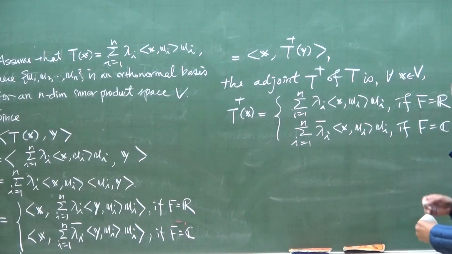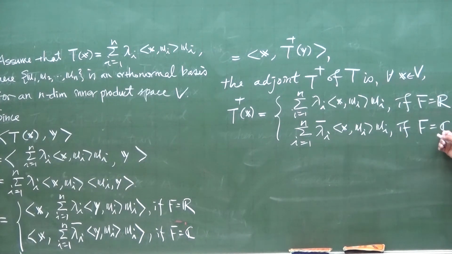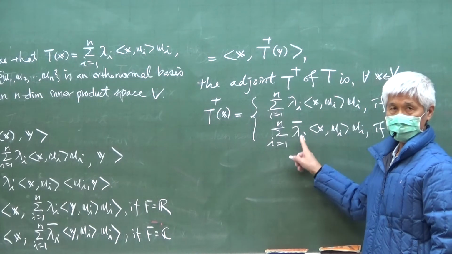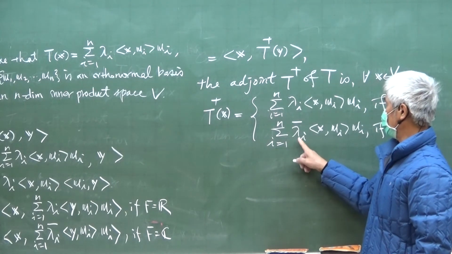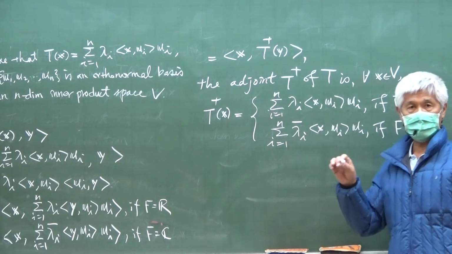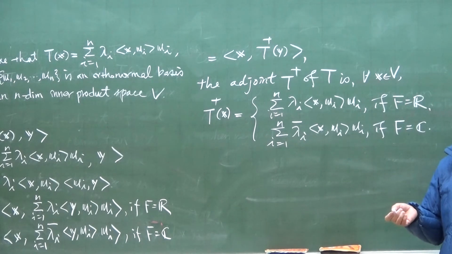But if we consider the complex case, you have to put the complex conjugate for the eigenvalue lambda_i, because lambda_i in general is complex.